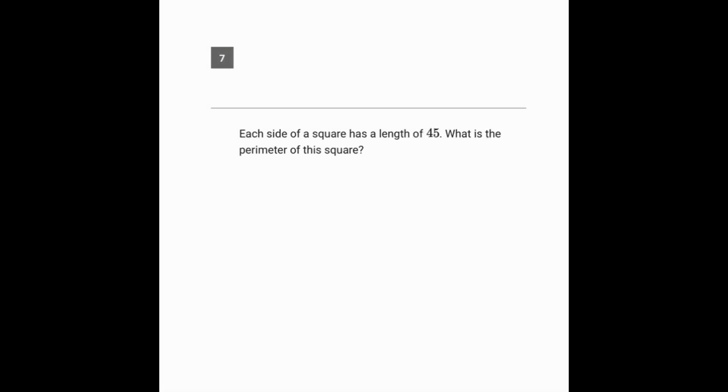Now going over to question 7, here we're being told about a square, which has side lengths of 45. So this question is kind of daring you to forget the difference between area and perimeter, because the most common wrong answer on this question would be 45 squared, 45 times 45.